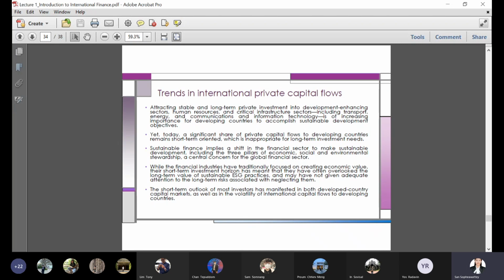But now ESG plays an important role in the financial sectors, because banks now also consider whether the credit they provide to businesses contributes to economic, social, or environmental development or not. That's why now there is a shift from relying on foreign direct investment to relying on financing from the financial sector.